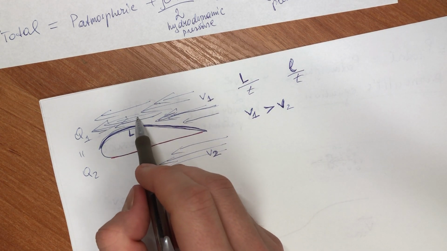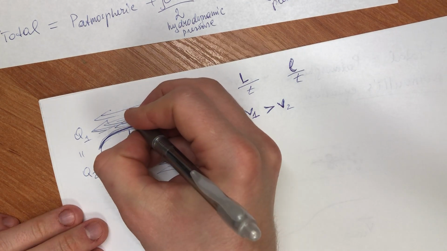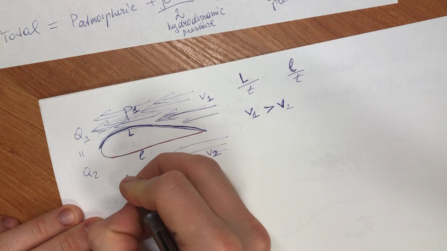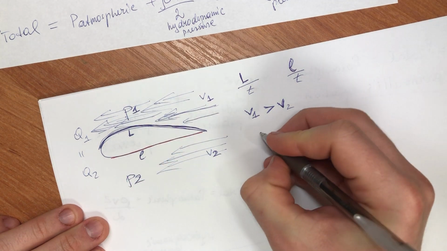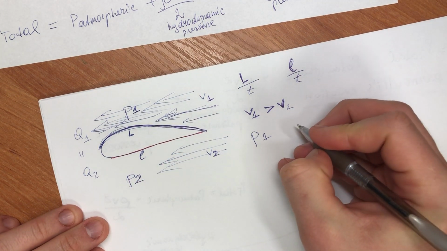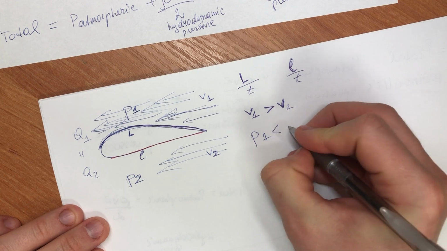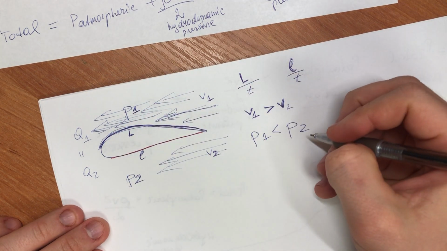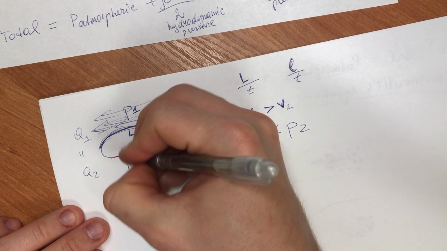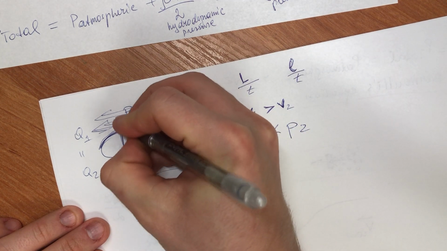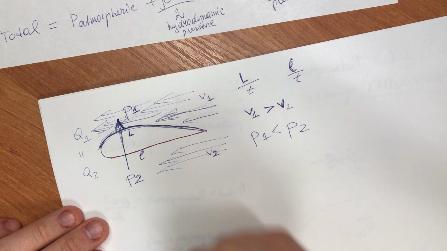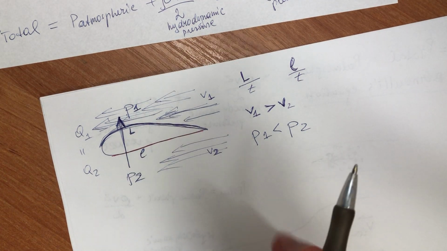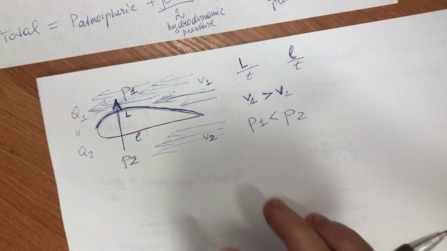So pressure P1 is here, pressure P2 is here. P1 is lower than P2, and therefore this difference in pressures produces lifting force, and that's why the planes go up.